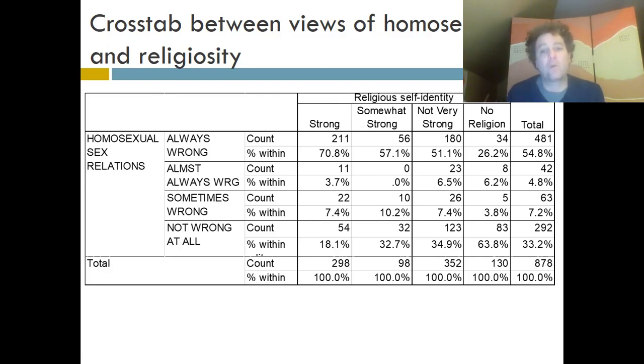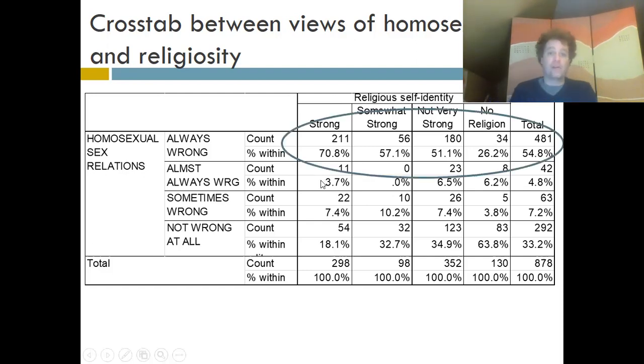To do that, we want to look at the percentages along one of the rows. So let's look at always wrong. These are people who have a negative view of homosexual sexual relations. What we want to see is religion having an effect on somebody's view that homosexuality is always wrong.